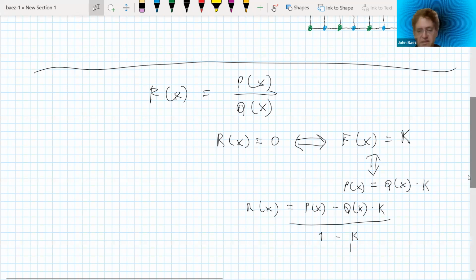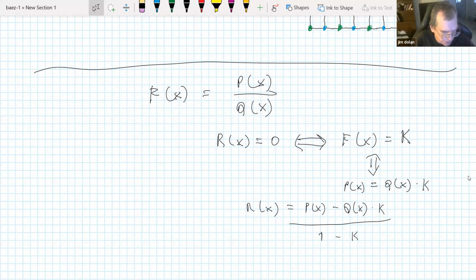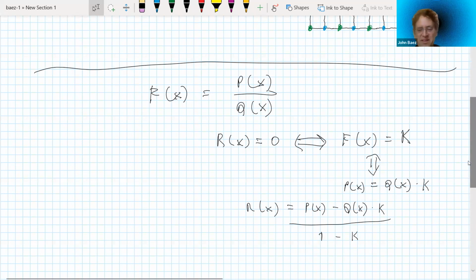Very nice. Say it again? I know what you should say next is that it's really fun to think about the infinity-erator. Sure. Well, that's also known as the denominator. Right. But anyway, letting k go to infinity, you just get q of x. So it's defined, it has a nice limit.